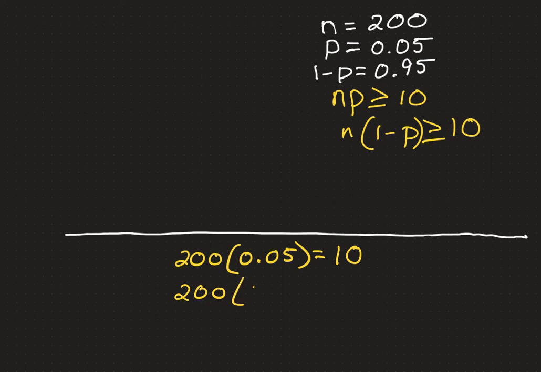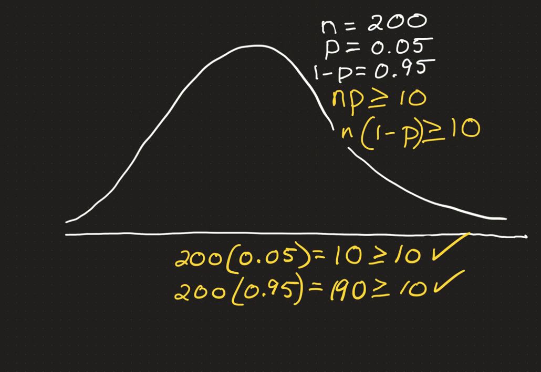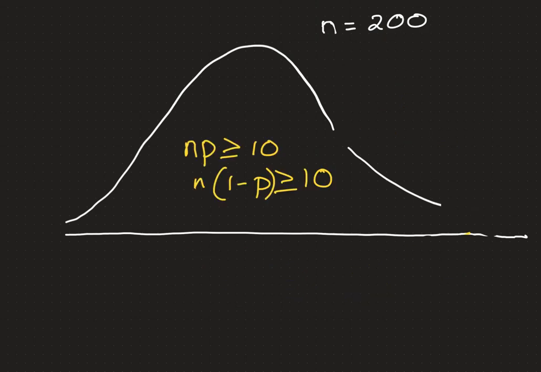And 200 times 0.95, even bigger. 190. So is 10 greater than or equal to 10? Oh yeah. Is 190 greater than or equal to 10? Yes. And what does that distribution look like? It is approximately normal, even though my drawing is a little bit off.